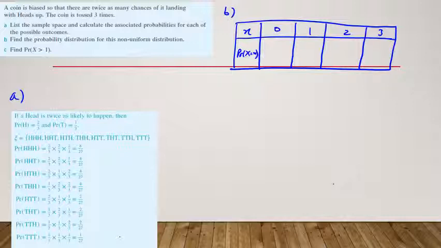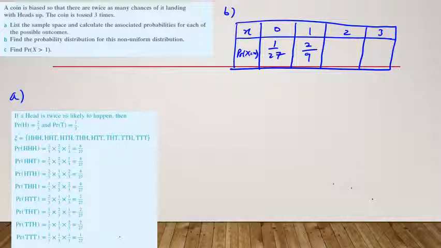So then to get 0 heads, that's the bottom one, which is 1 over 27. If you want 1 head, it's the last 3. So that's 6 over 27, which is the same as 2 over 9, because they're both divisible by 3.